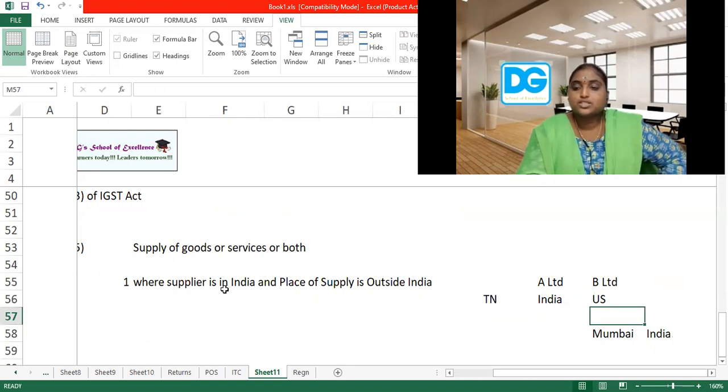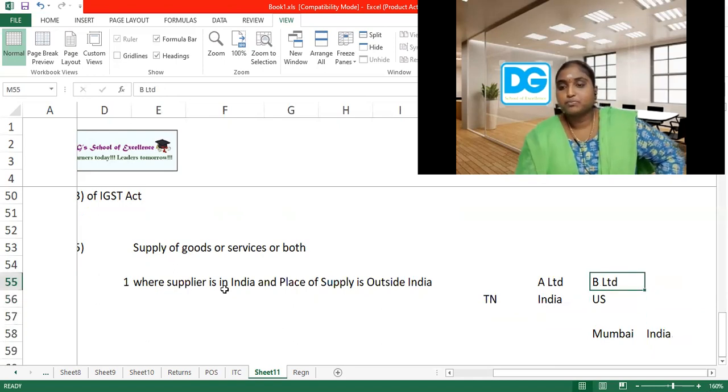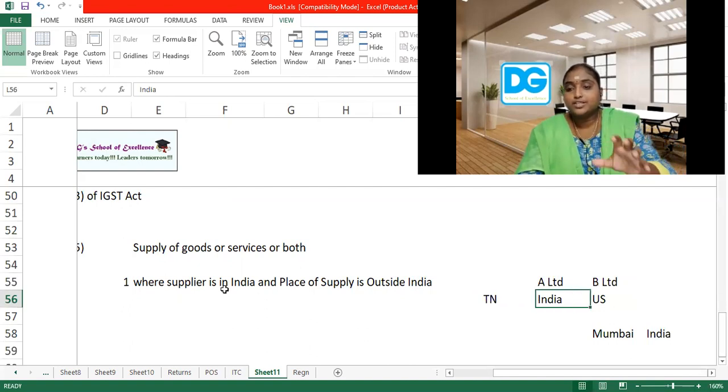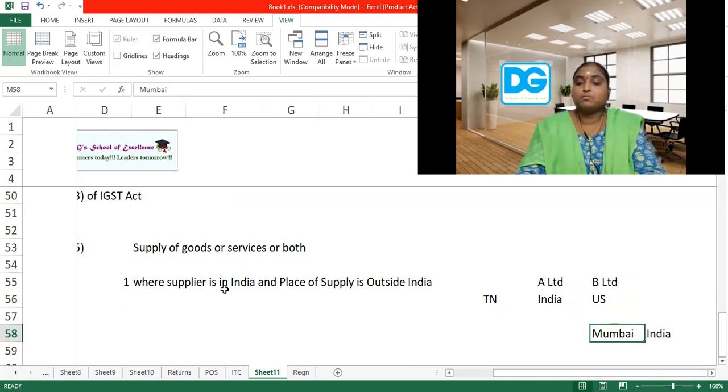Now what happens is, this B Limited has ordered some goods from A Limited, Tamil Nadu, India. And they clearly give an instruction stating that the goods should reach their branch office in Mumbai.